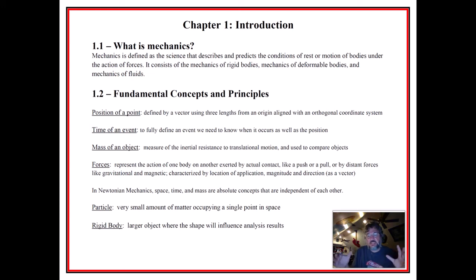So mass is equal to weight divided by the acceleration of gravity at standard Earth conditions. We usually use 9.81 meters per second squared, or if you're American, 32.2 feet per second squared. And then we turn something into slugs in US units, but they're kilograms in SI units.